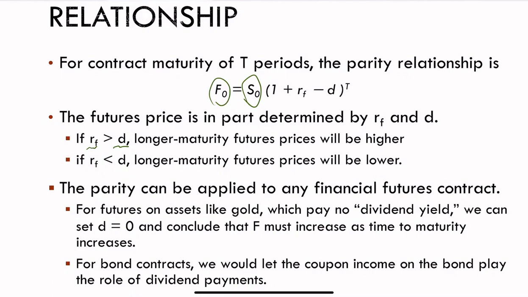Because if RF is larger than D, this guy is larger than 0, and then this guy is larger than 1. So a longer dated futures will have a higher price. Now, what about the opposite? It's obvious: if the risk-free rate is smaller than D, then longer maturity futures price will be lower.